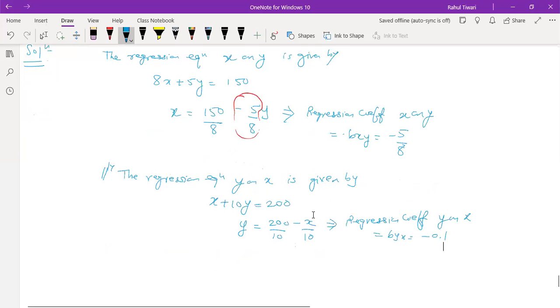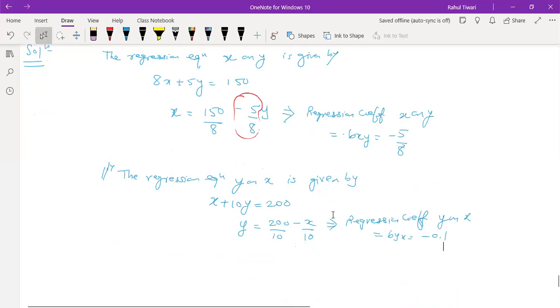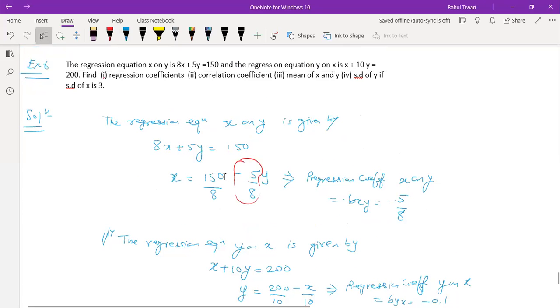Now, students, try to understand. Just think, if in this problem they had not given x on y, and simply written, for example, that the regression equations are this and this, then how do you know whether it is x on y or y on x?